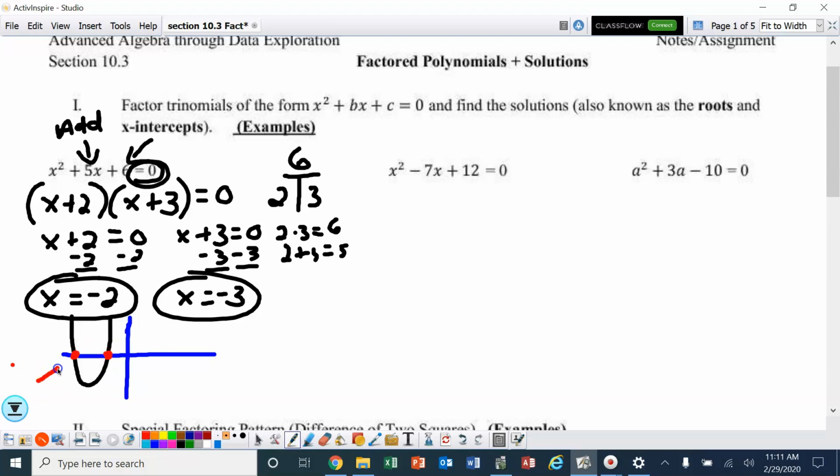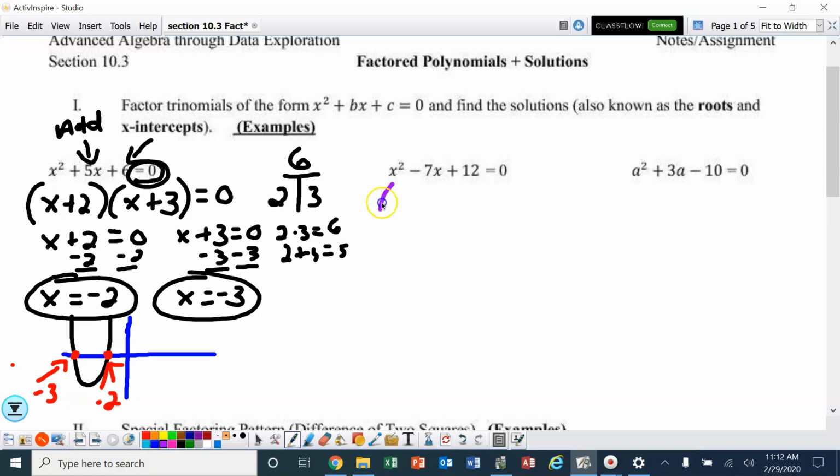So the -3 means that the parabola is crossing the x-axis at -3 and at -2. That's what the solutions are: where does it cross the x-axis? What makes the equation equal 0? All right, let's keep going.